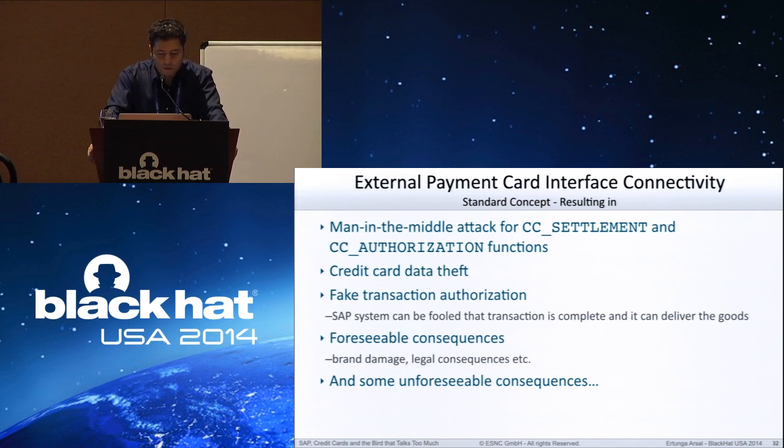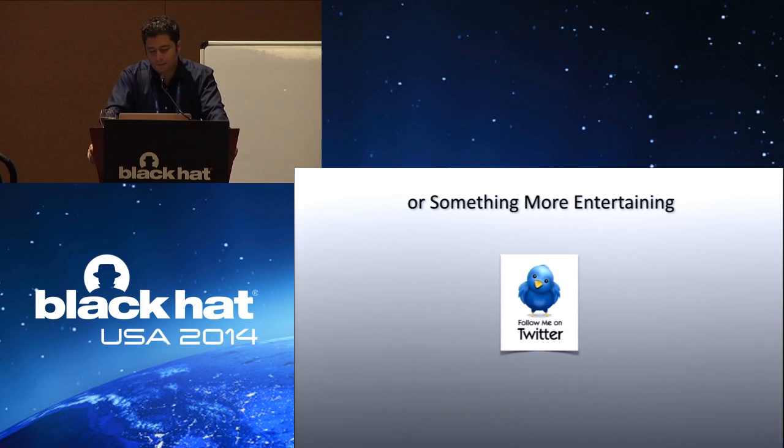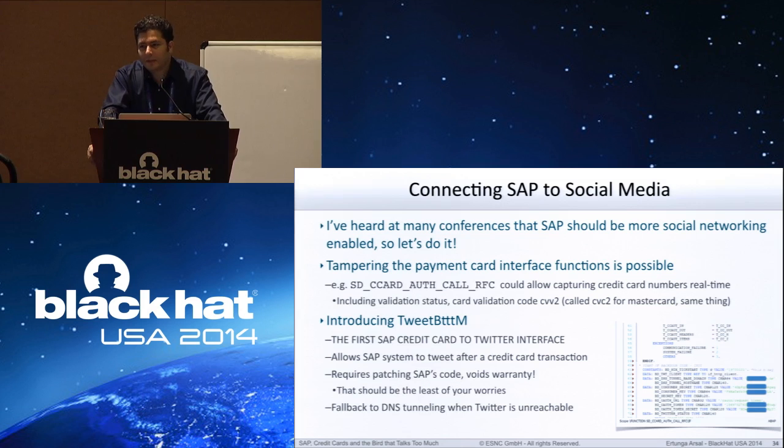And there are some unforeseeable ones, and we want to have a little bit of fun with it, so something more entertaining. Whenever I visit SAP conferences, everywhere they say SAP should be more social networking enabled. So we said, okay, nice. Can we tamper and inject code into credit card processing functions for capturing this information?